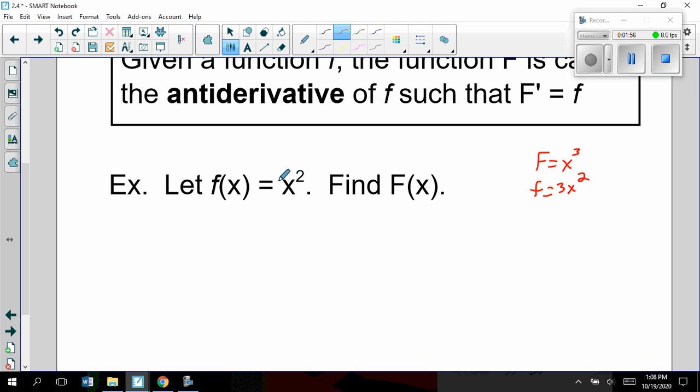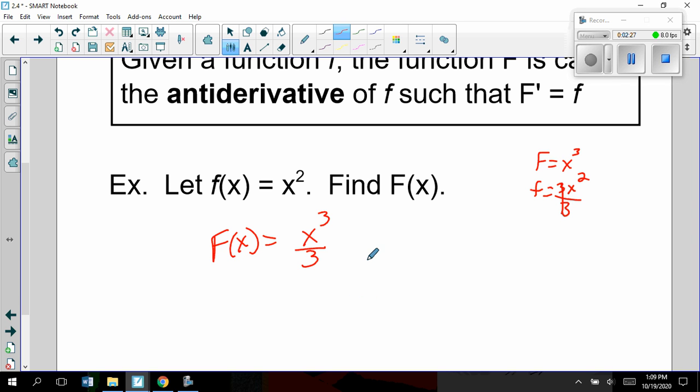But notice I don't have the 3 here, which means that for capital F, it's not just power up and put the number out front like the power rule was. I am going to go up a power, but then I don't want that power there. So I'm actually going to go up a power and over a power, or like a 1/3 is right there, because that's what would knock out that 3 to leave me x squared.